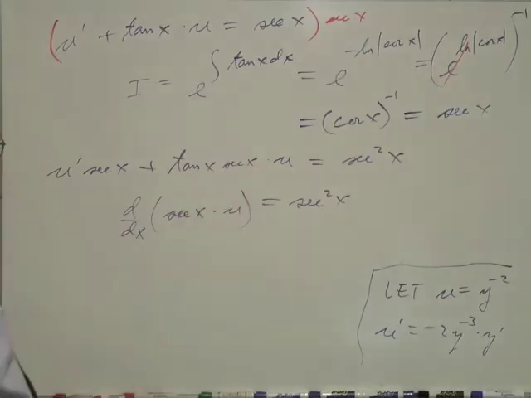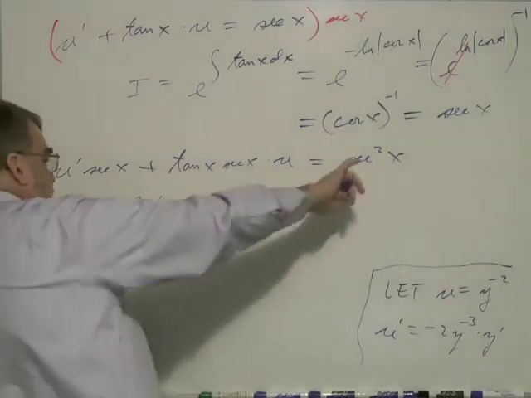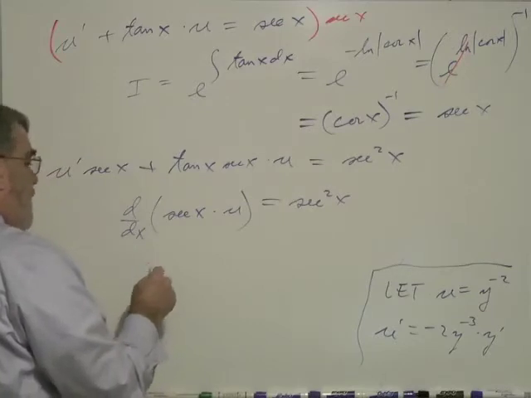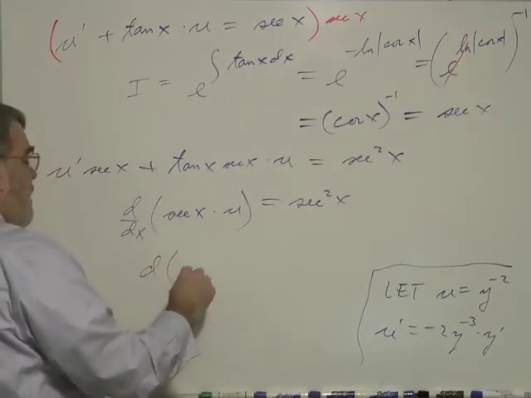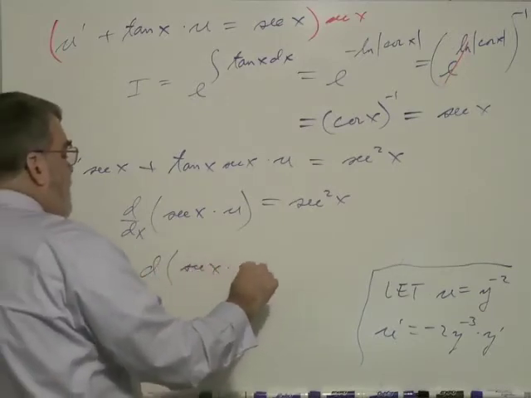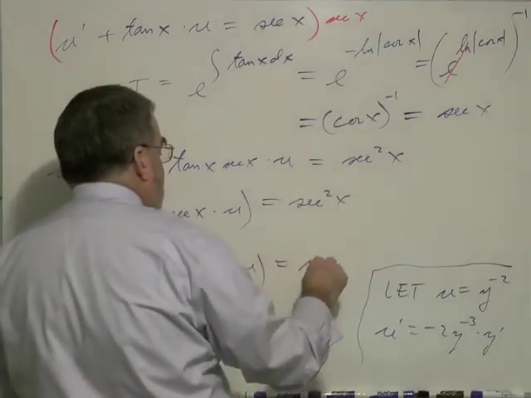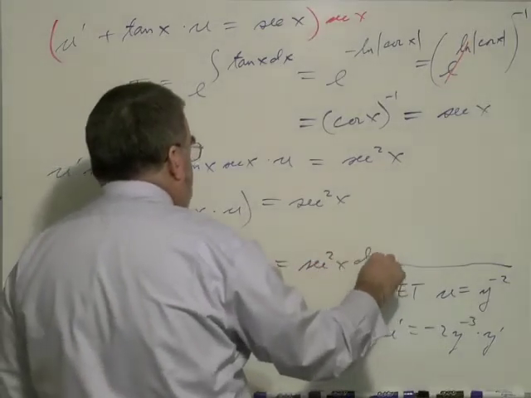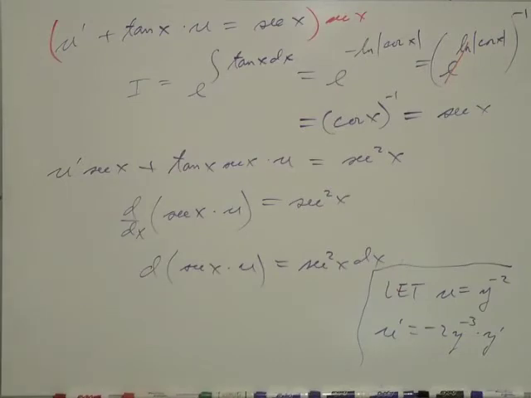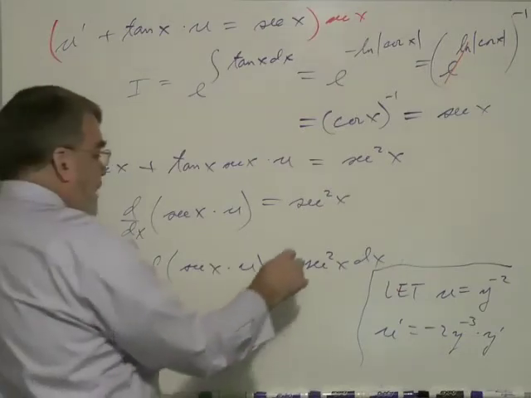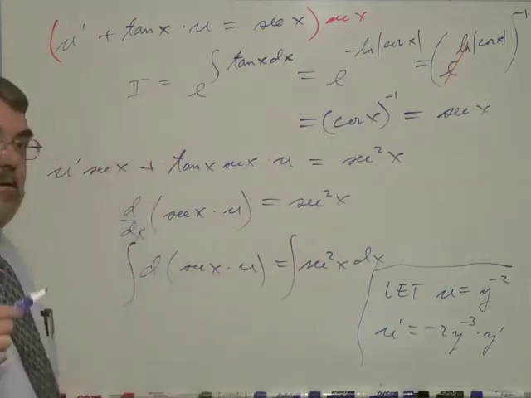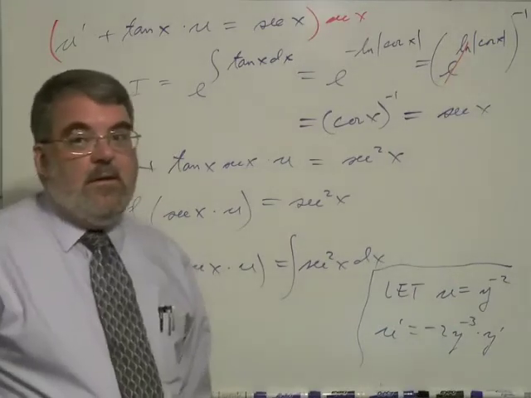So all that works out. And if we bring the dx over by multiplication, I have the derivative of secant x times u equal to secant squared x dx.